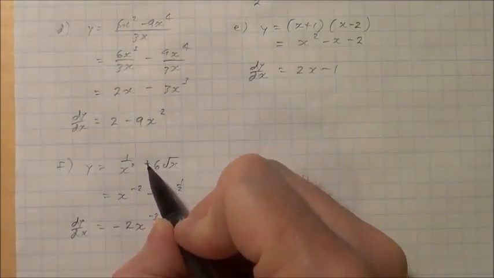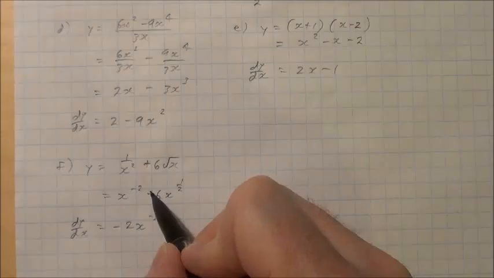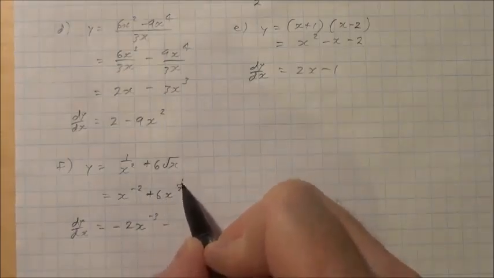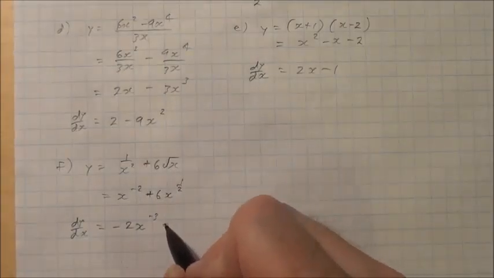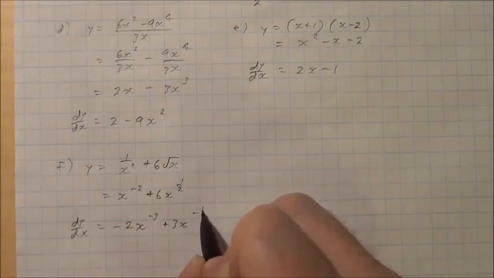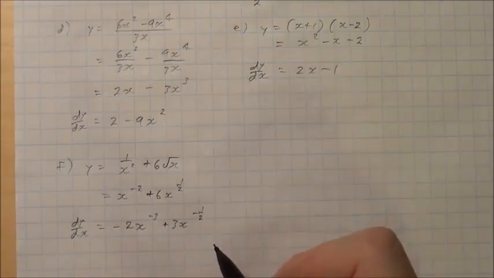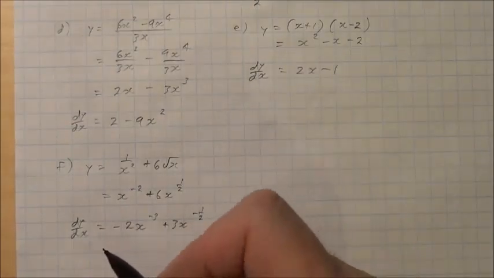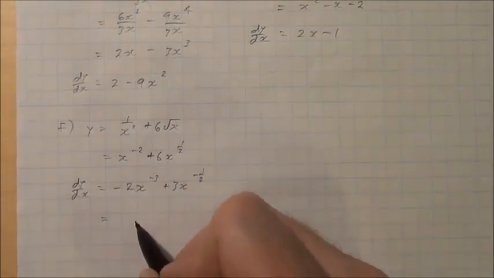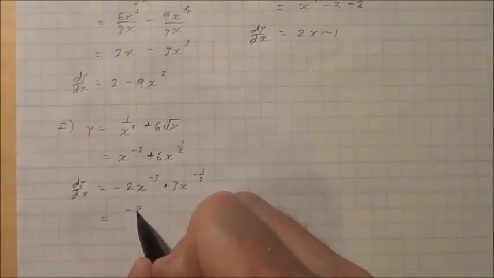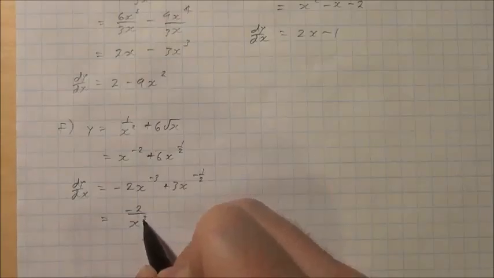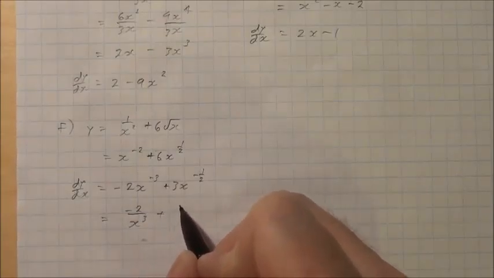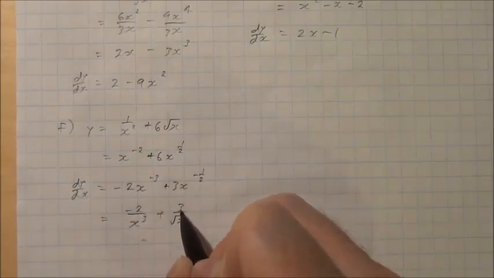This actually should be plus 6 root x, so it is plus 6x to the 1 half, and then we get plus 3x to the negative 1 half. I'm just jumping ahead of myself a little bit there. And then simplifying here we get negative 2 over x cubed plus 3 over root x.